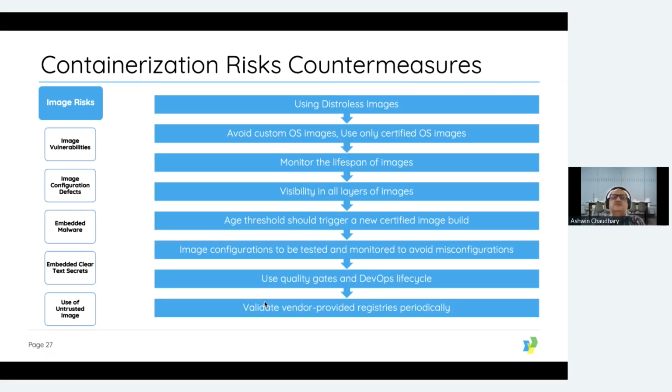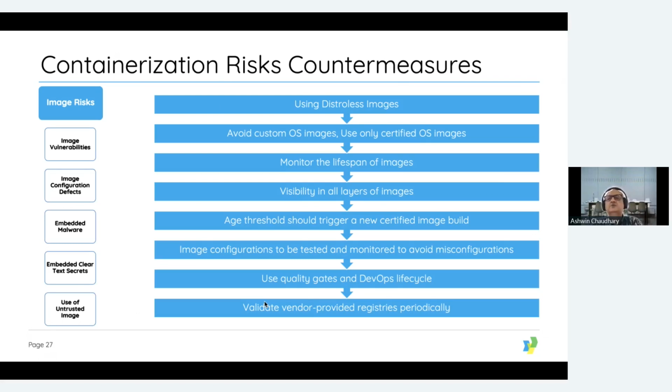So the image risks: since the applications are delivered as images, there would be image risks for sure, right? And these are image vulnerabilities, image configuration defects, embedded malware within those images, embedded clear text secrets, and use of untrusted images. So these are the challenges for container image risks.